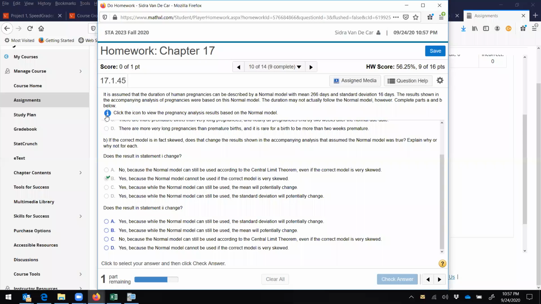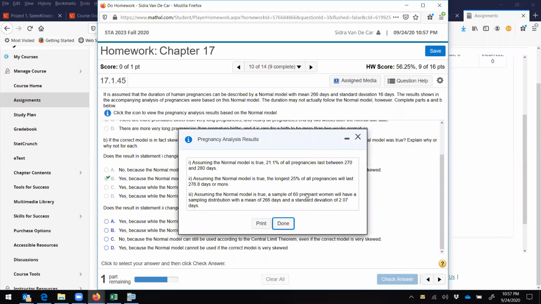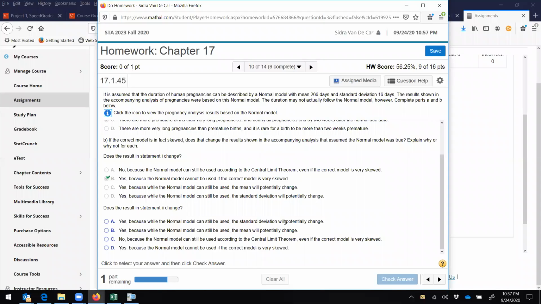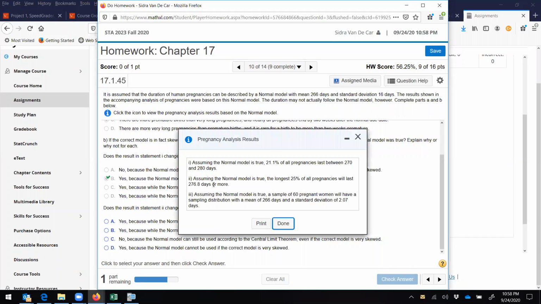Now, but the third part, where we're using the sample of 60, that is okay because we're using a mean of a group and that will follow a normal model according to the central limit theorem. Does the result in statement 2 change? I got to read a little careful. This was asking about statement 1, statement 2.